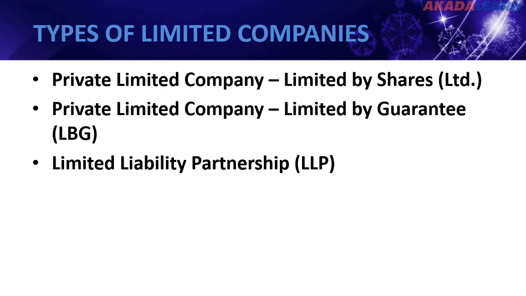Instead, the company is equally shared out and divided between the limited liability partners. For example, if two people went into a limited liability partnership together, they would each be liable for 50% of the company, no matter what their initial investment was in the company.